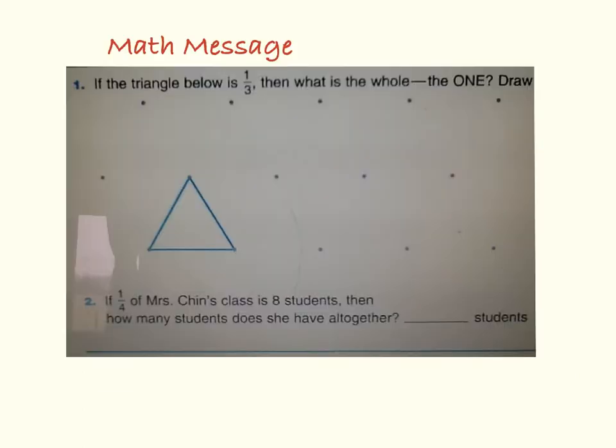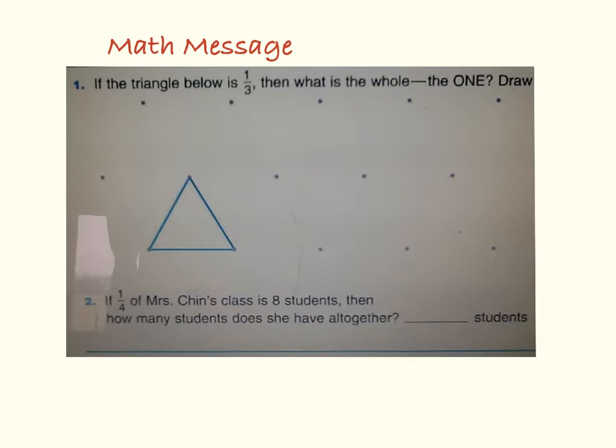So our math message today is actually two problems. One, if the triangle below is 1/3, then what is the whole, the one? So what you would do in your SMJ is go ahead and draw what that picture would look like.